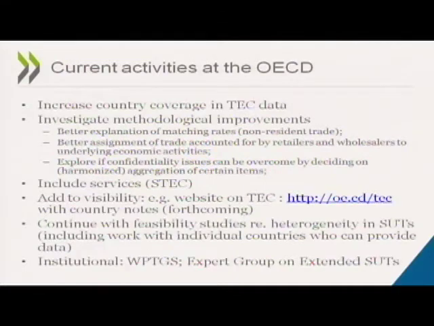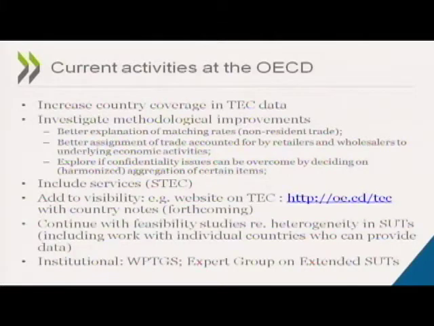As you've seen, we currently have 33 countries in our tech database, 61 and counting in TIVA. So one of the key challenges that we have is to increase the country coverage. And we really see also that the combination of tech and TIVA is creating a lot of interest, particularly among the people who are here, to try to make those links available.